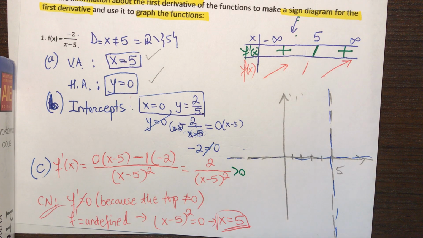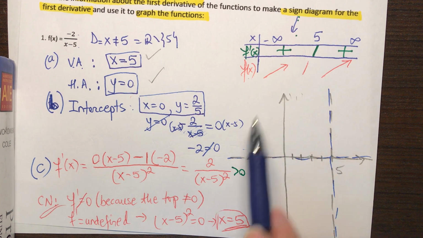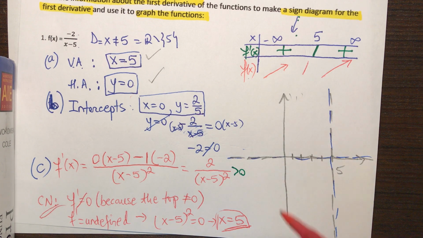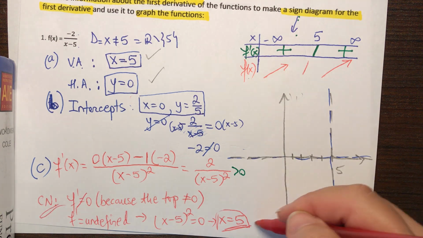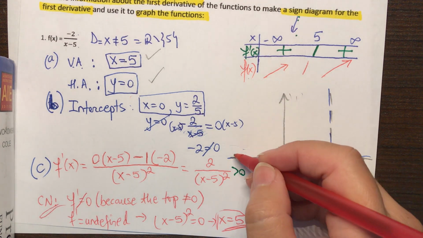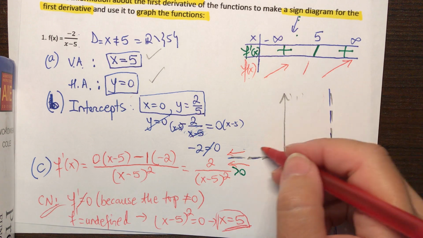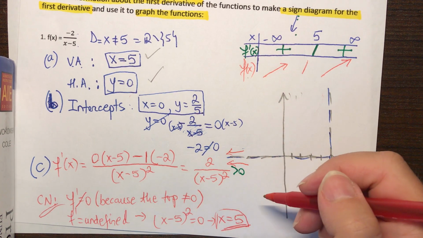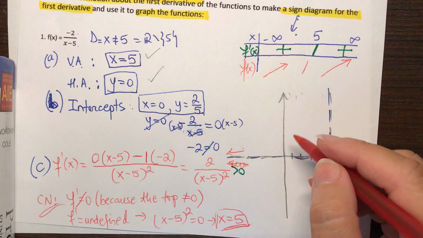But this one's telling me right away where. I know the function's increasing. What does it mean that it's increasing? It means it's going to go up. And if it's going to go up, the graph has to come from down here or down here, yes? So it's either above or below. But because I know the graph is increasing, I know it goes above.